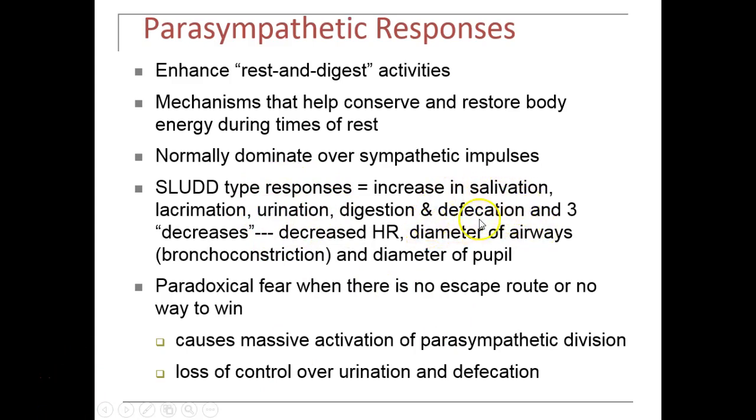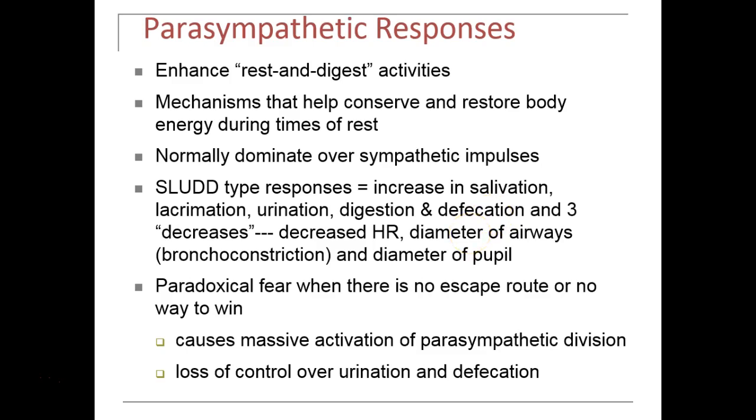So people go to the bathroom on themselves when they are very frightened. Remember, normally when you're very scared, you're going through a fight or flight response, which is a sympathetic event. The sympathetic nervous system decreases digestive function, decreases renal function, all of that. So you're not going to go to the bathroom on yourself because of the sympathetic nervous system. You're going to go to the bathroom on yourself because of the parasympathetic nervous system firing.